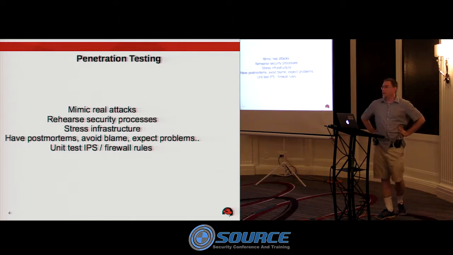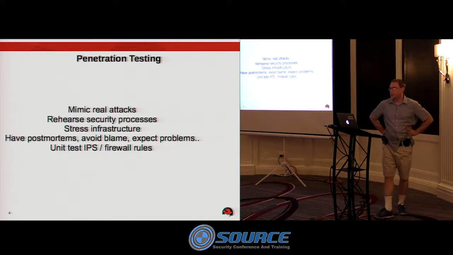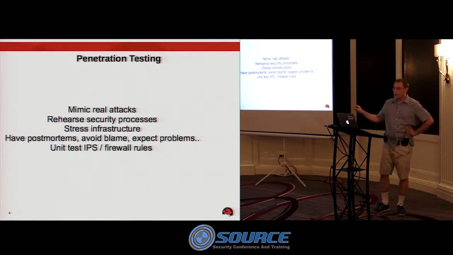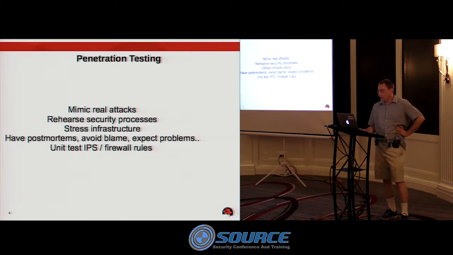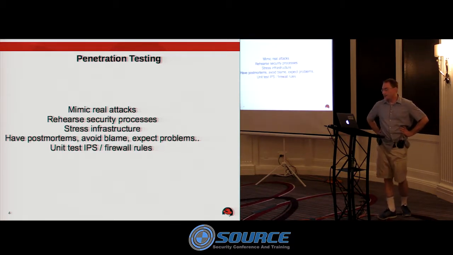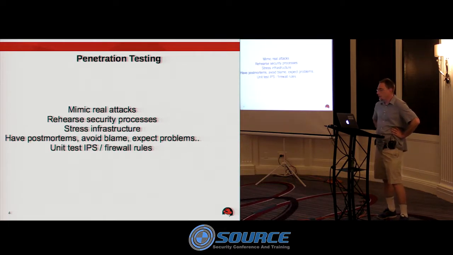There's a concept that you'll never get to 100% security. That's a school of thought, and I agree with that school of thought, that you'll never get 100% secure, but you might get, and the question is the number of 9s, 99.999 something secure. You can unit test your IPS or your firewall rules.